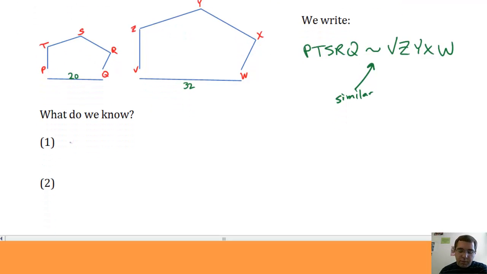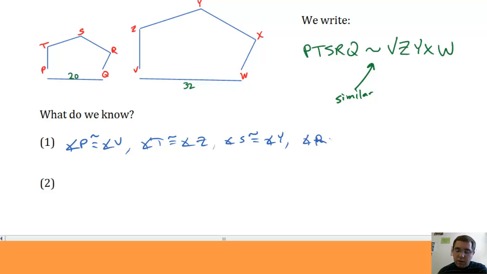That means angle P is congruent to angle V, angle T is congruent to angle Z, angle S is congruent to angle Y, angle R is congruent to angle X, and angle Q is congruent to angle W. The corresponding angles are congruent.